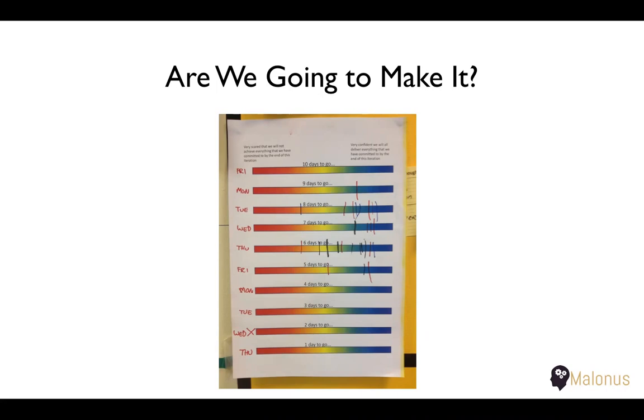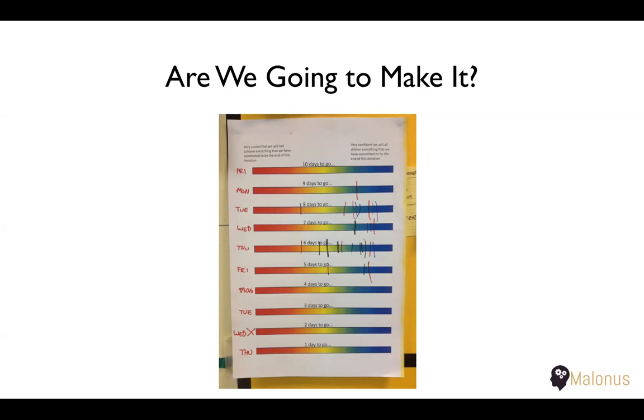So in the initial days, it looks like everything is going fine. One person is still saying that maybe we're not going to make it. And then after Wednesday or Thursday, you find many people are going towards the red. That basically brings a kind of discussion.